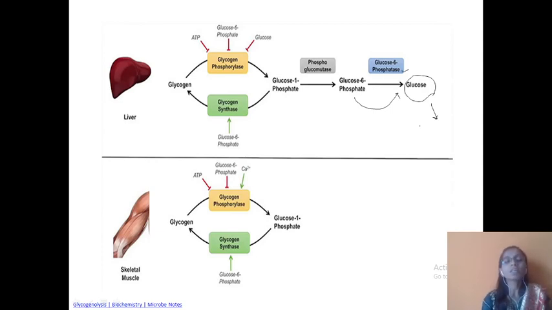So similarly, during the fasting condition or during exercise, when there is no external supply of glucose, at that time the body will use this storage form, that is, glycogen. I hope that you have understood this mechanism in a very simplistic manner.